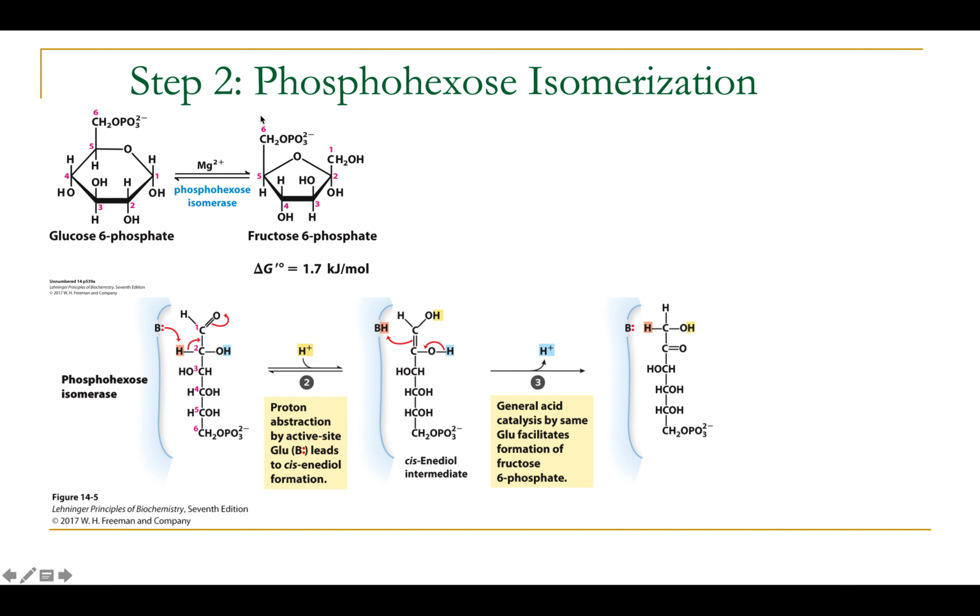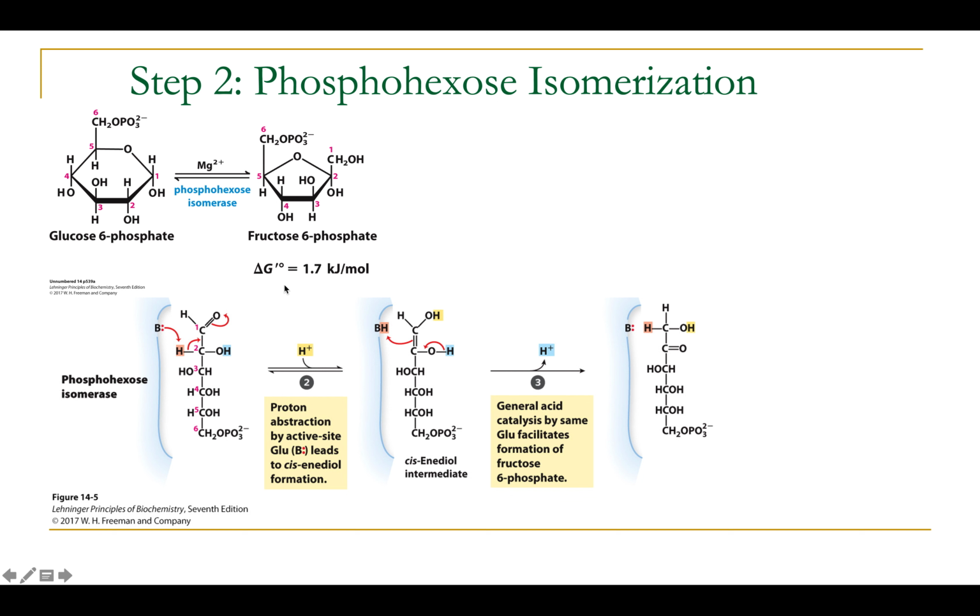An aldose is converted to a ketose by an isomerization reaction. The purpose of the second step is to make the glycolytic intermediate a more symmetrical molecule, which makes it better prepared for cleavage into almost identical pieces.